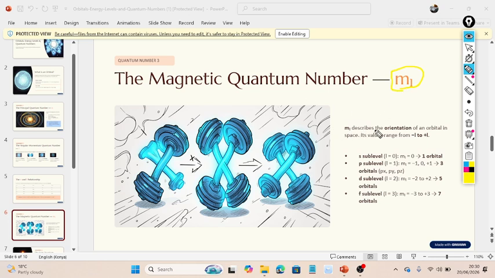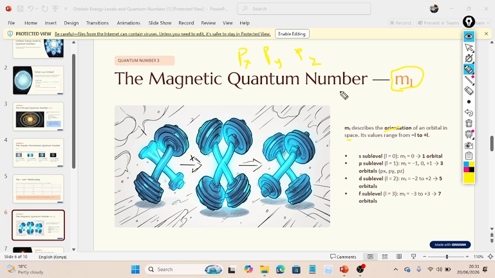Its role is to describe the orientation of an orbital in space. Remember, we talked about the s, p, d, and f orbitals, right? For example, we can have a px orbital, a py orbital, and a pz orbital. So what is the role of the magnetic quantum number?